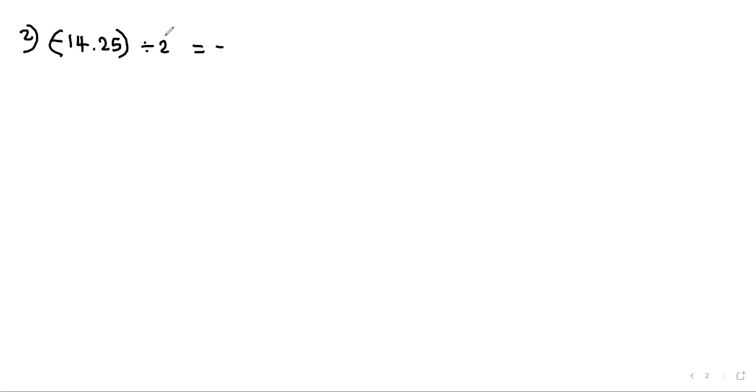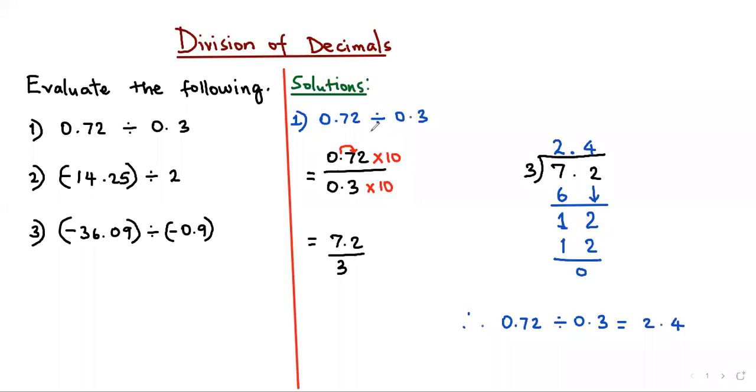So our divisor is already a whole number. It is already a whole number, or you can say that it is already a positive integer. So that is very good. This is different from example number 1. You look at number 1, our divisor is a decimal.